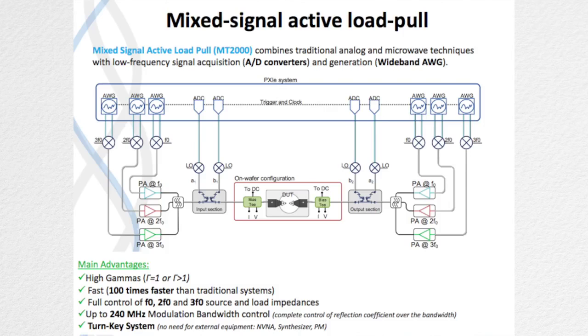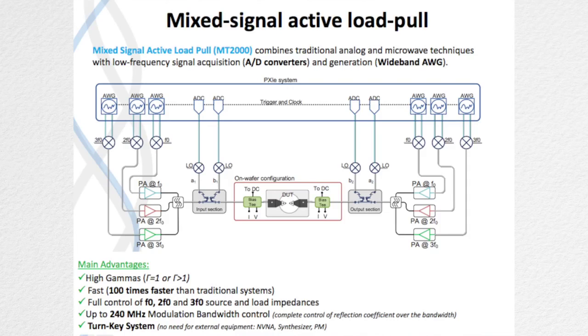The main difference between a conventional vector receiver system and this system is that this is a completely turnkey solution. We have a dedicated VNA or NVNA, and we have dedicated signal sources. The term mixed signal comes from the fact that we combine traditional analog techniques with ADCs and DACs.